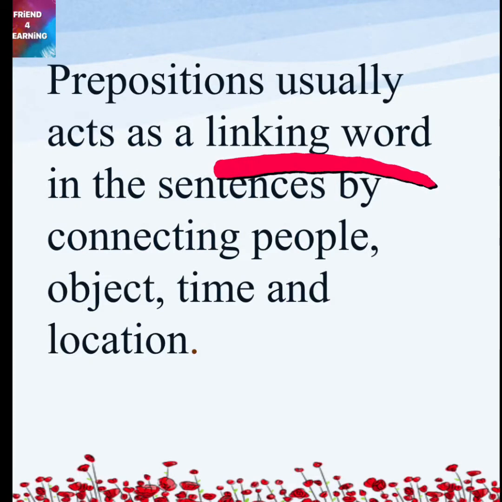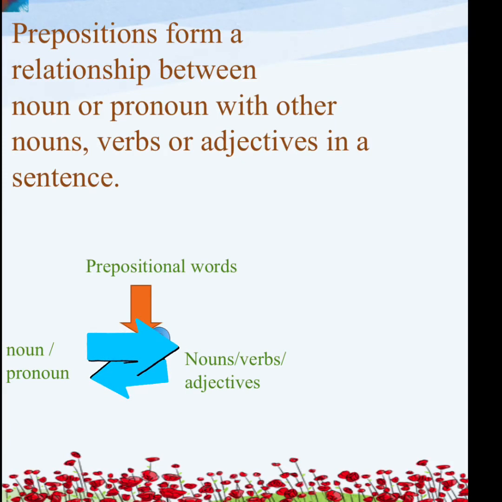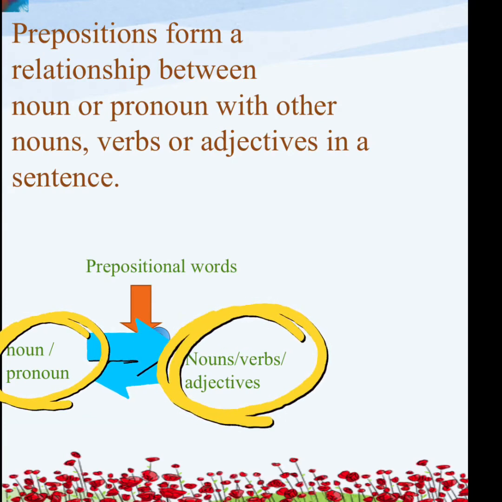Prepositions usually act as a linking word in sentences by connecting people, objects, time, and location. Prepositions form a relationship between nouns or pronouns with other nouns, verbs, or adjectives in a sentence.